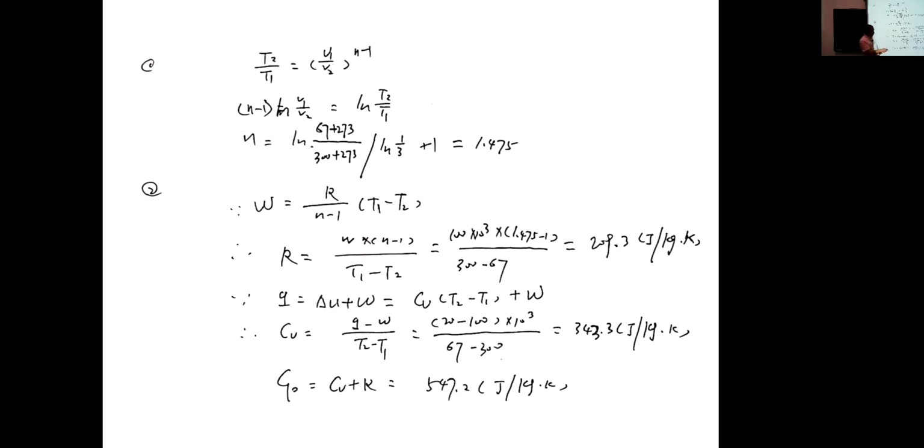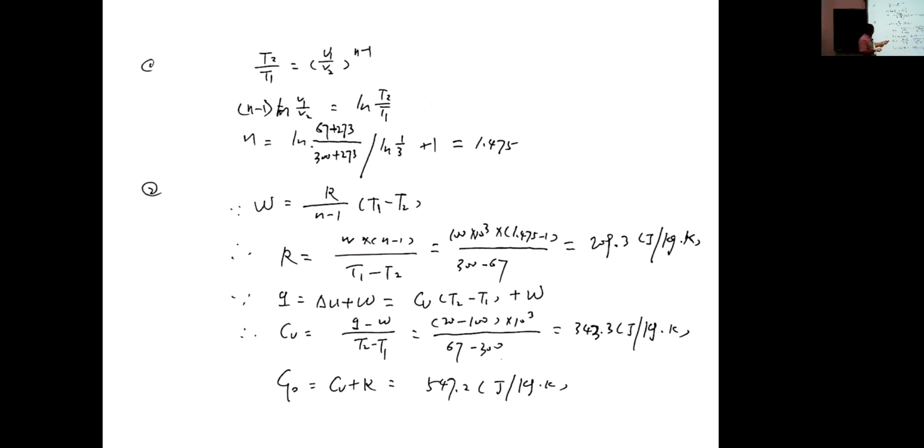And then, do you know why here? So you need to know how to calculate the delta U. And we know dU is equal to Cv dT, dh is equal to Cp dT. So you should know how to calculate the u and h.